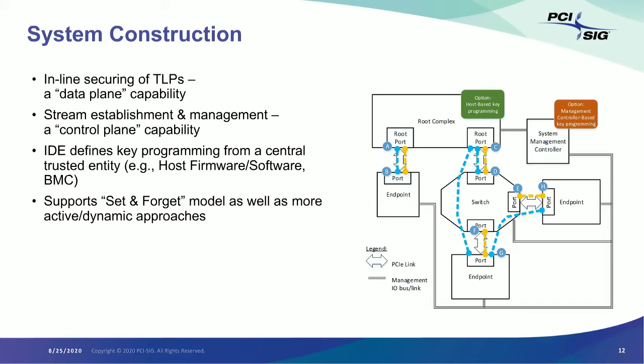The mechanism at runtime to confirm that a component is in fact what it appears to be, that it hasn't been tampered with, that it hasn't been, for example, loaded with inappropriate firmware.